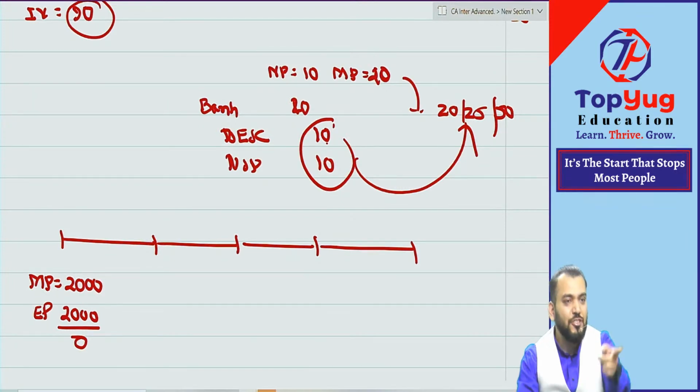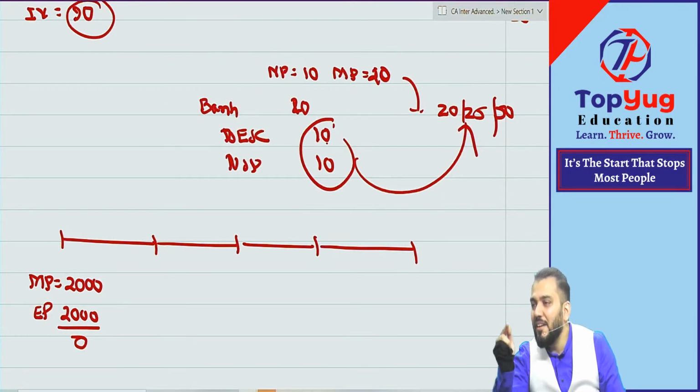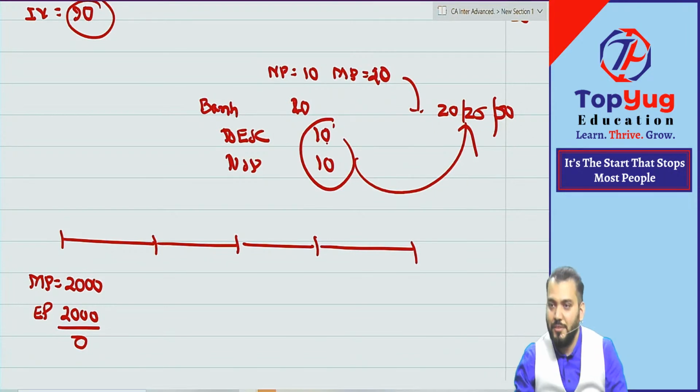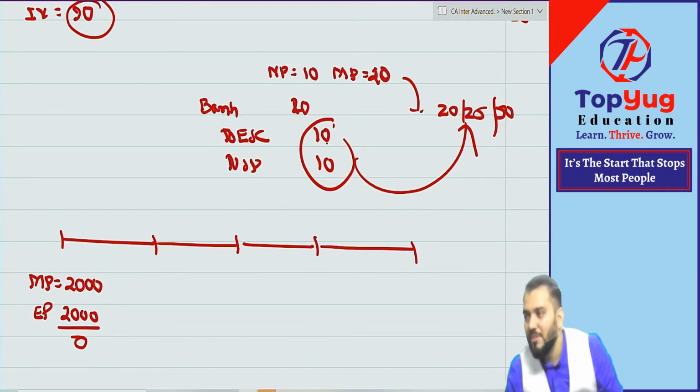In the last class, I was saying that an option is the right to subscribe to shares at a price. I was writing something, then you stopped me and said, sir, at a lower market price. You said that to me.